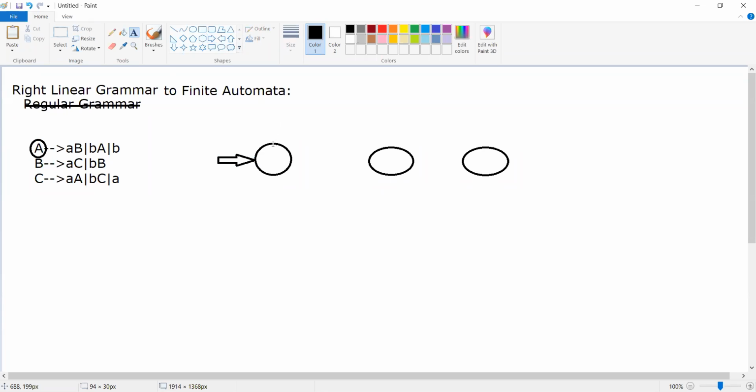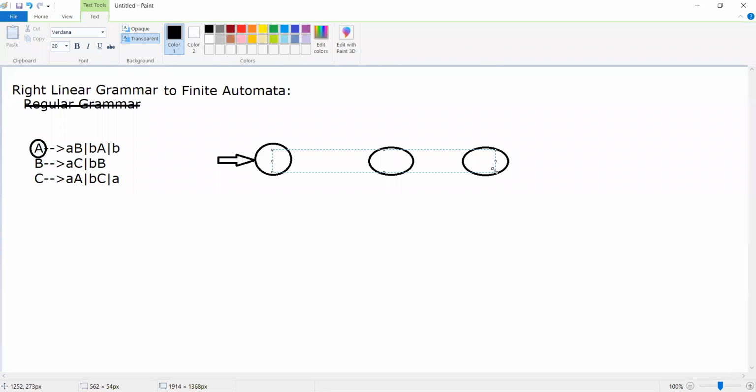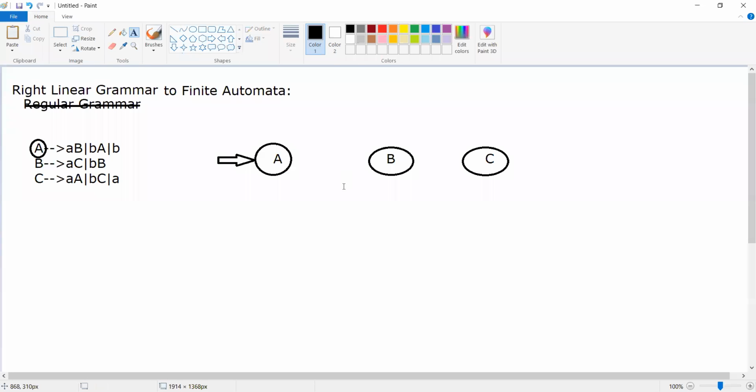Now let me name all these states: this is state A, this is state B, and this is state C. So far we have not decided what the final state is. We are working depending on the available grammar information, and the variables in our grammar act like states in our finite automata.